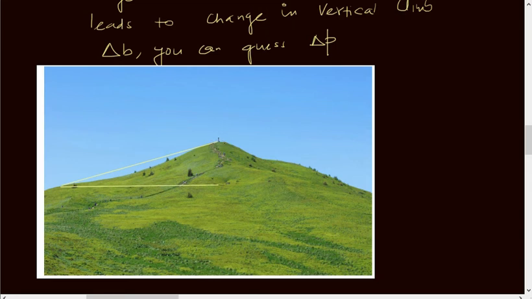I'm drawing the horizontal distance and the vertical distance. Let me draw something close to that.